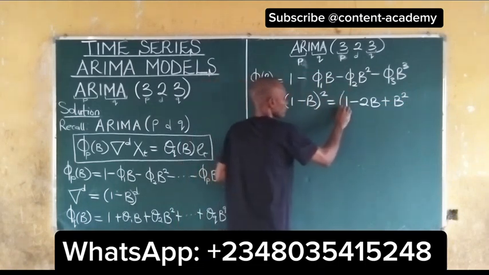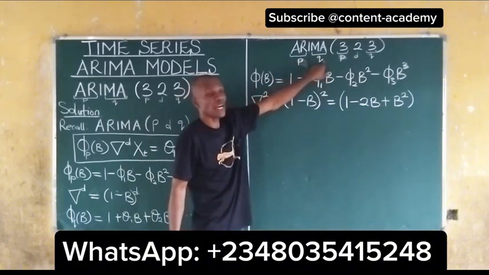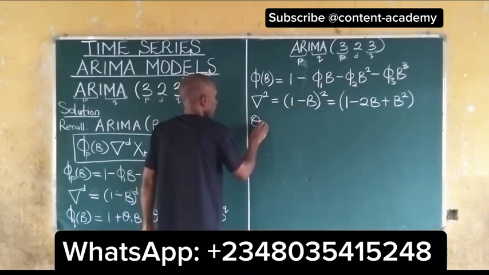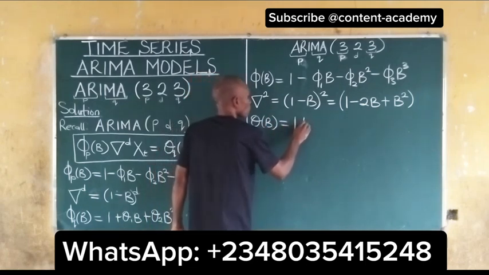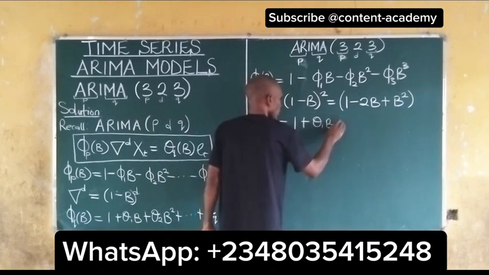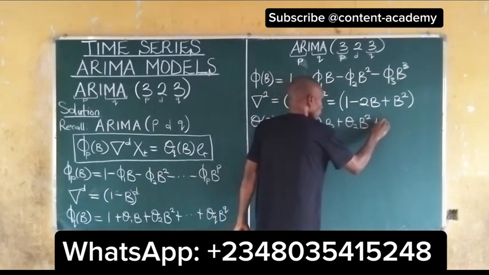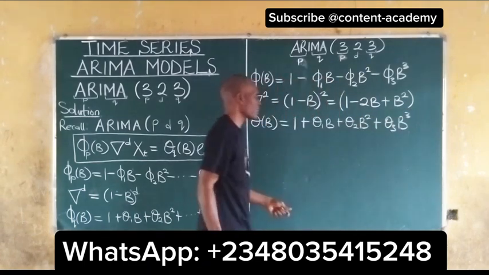So that's what we get. Also, for the moving average part of order Q, which is 3, we have theta B to be equal to 1 plus theta 1 B1 plus theta 2 B squared plus theta 3 B raised to the power of 3.